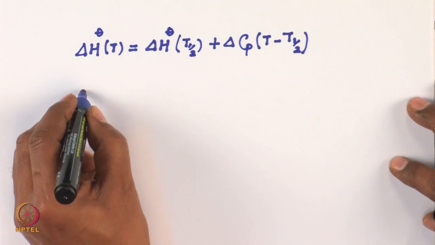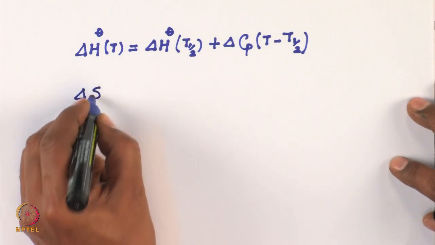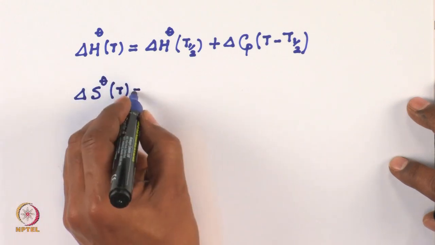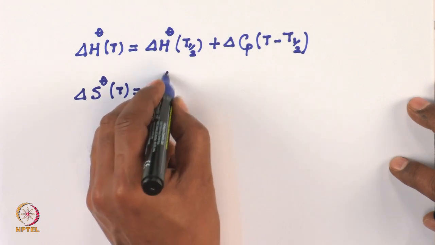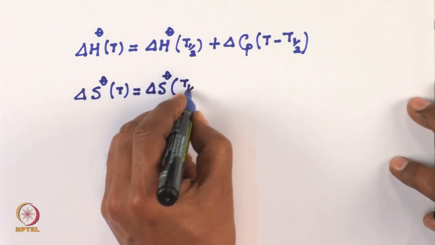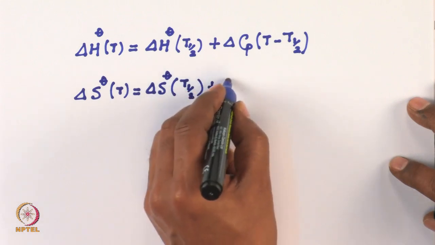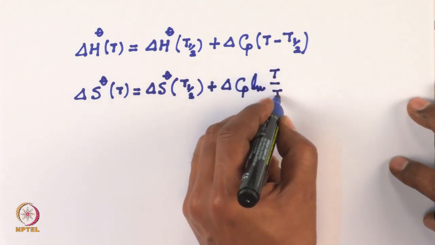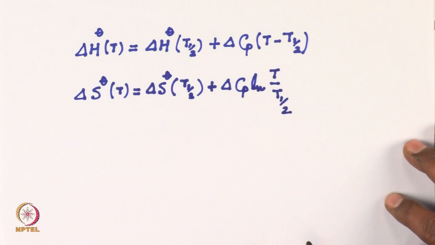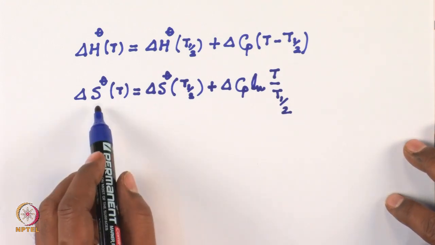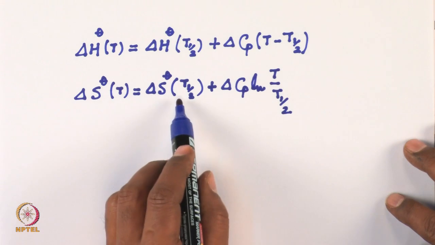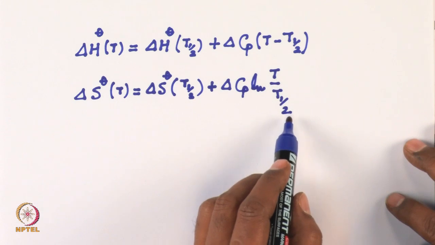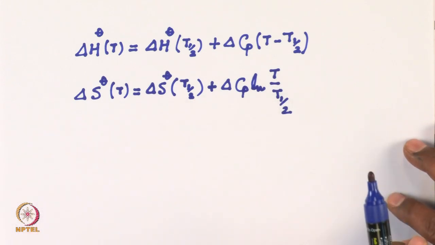Then let us recall delta S naught at any temperature will be equal to delta S naught at T half plus delta Cp log T by T half. This equation we have discussed many times: entropy at any temperature is entropy at a reference temperature plus Cp log T by T reference, and I am just introducing deltas in that equation.